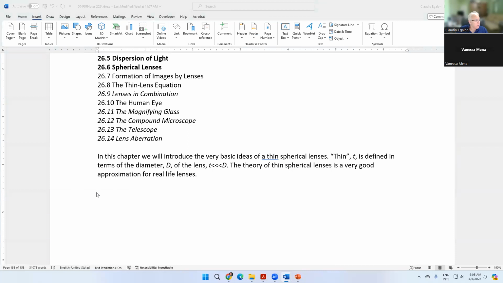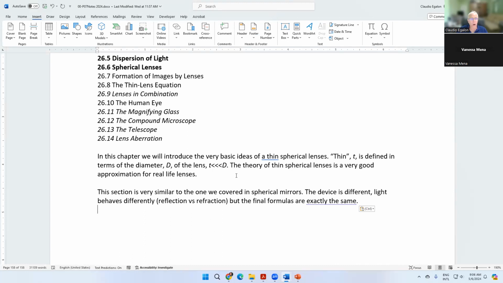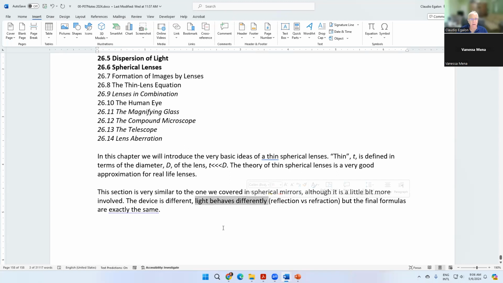Now, very important, the theory that we're going to present here, although a little bit more involved, is very similar to the one that we covered for spherical mirrors. The device is different, light behaves differently, but the final formulas are going to be exactly the same.